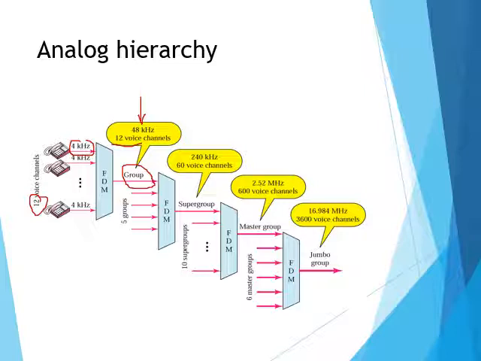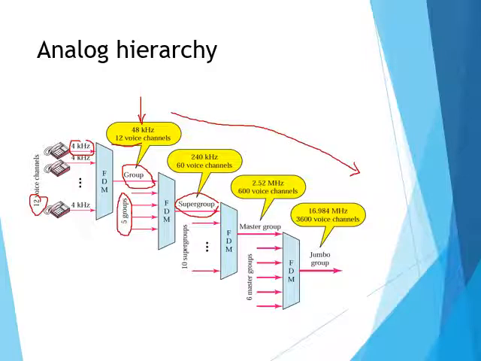Because it's going larger when it goes upper, the next one we have is the supergroup. A supergroup consists of 5 groups.